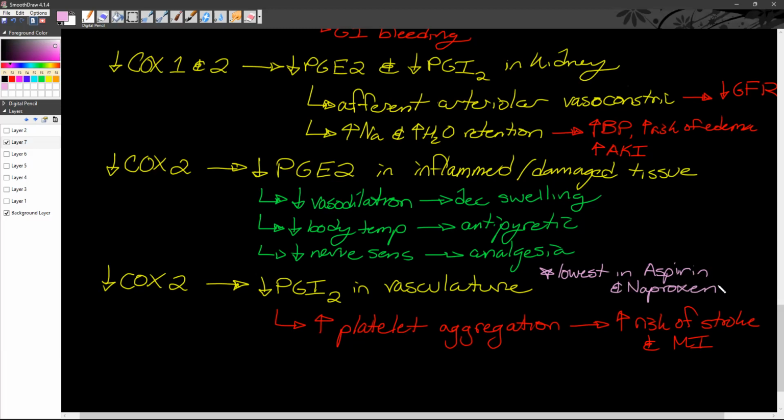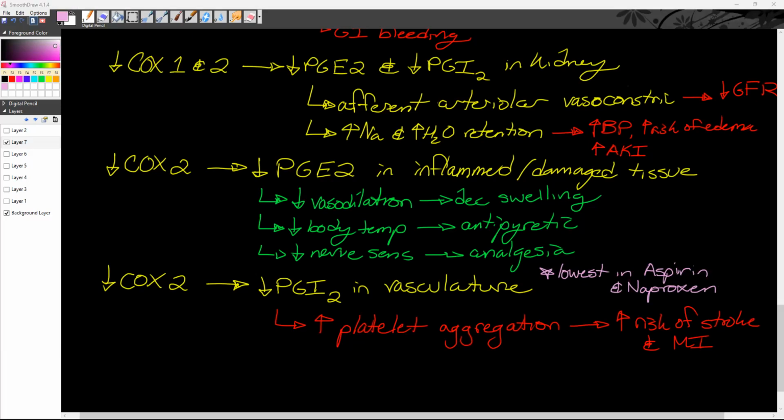And if I remember correctly, I think it's because naproxen is almost COX-1 selective. It has some COX-2 activity, so it is technically non-selective, but I think it works primarily on COX-1, which is why we don't really worry about naproxen and this risk of stroke with it. You'll have to fact check me on that one though.